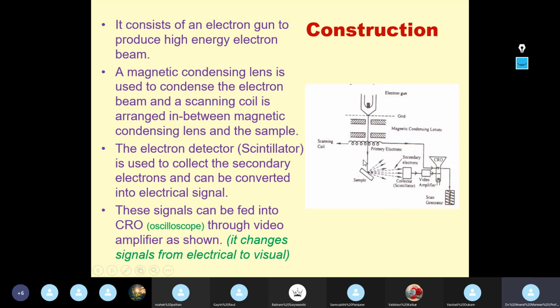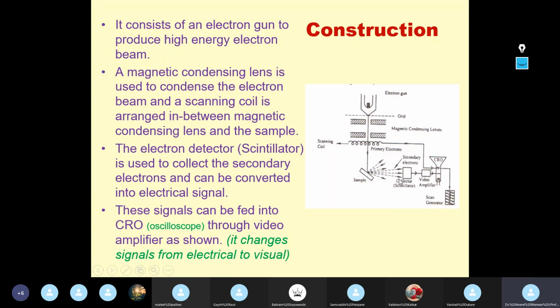Here, unlike transmission electron microscopy, you will not find other magnetic lenses. Mostly 2 to 3 magnetic condensing lenses are there, one after another, and then the scanning coil is located. Below the scanning coil is the sample.